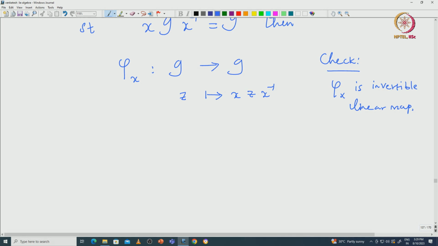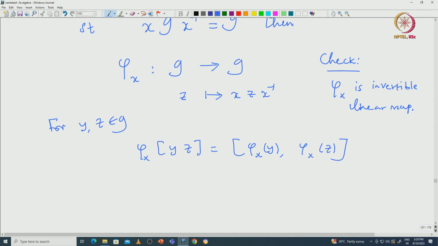So, we need to check that for any y, z in g, phi x of the bracket y z should be equal to the bracket of phi x y and phi x z. This is the thing we need to check for phi x to be a Lie algebra homomorphism.